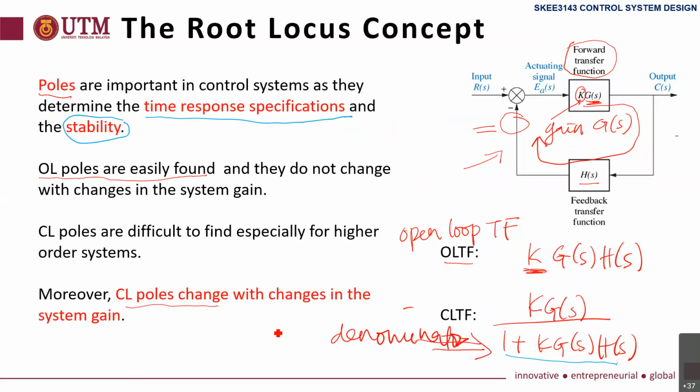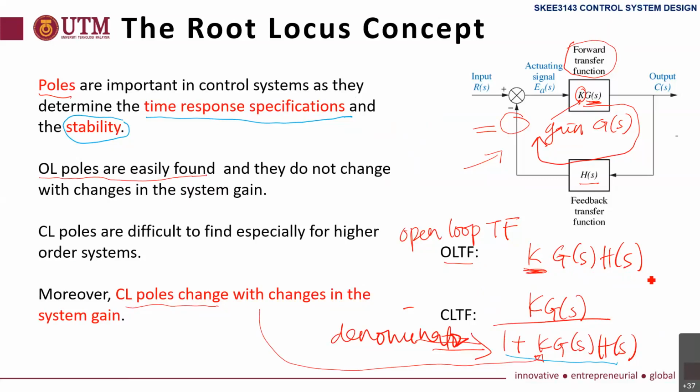We can see that the gain K appears in the denominator. Then K will affect the poles. For the closed loop transfer function, K will affect the poles, in contrast to open loop, in which K does not change the poles.